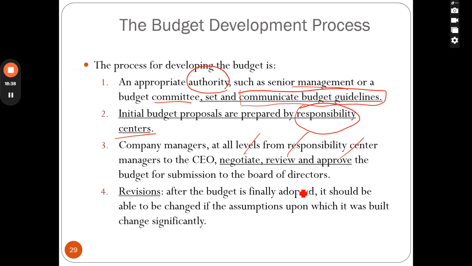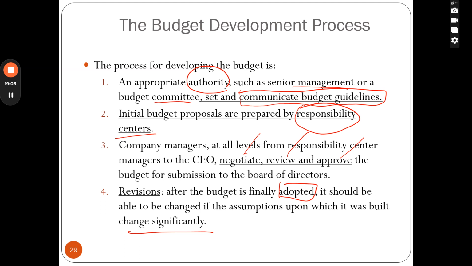After the budget is finally adopted, it should be able to be changed if the assumptions upon which it was built change significantly. So now you made a budget, we had a lot of discussion about it, there was negotiation and reviews, and the budget was approved.